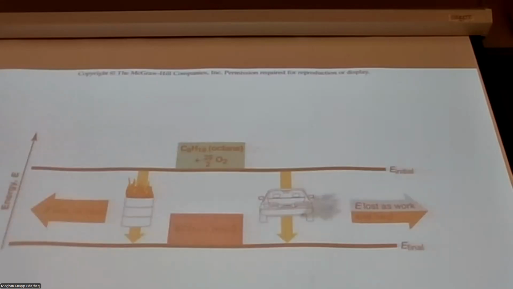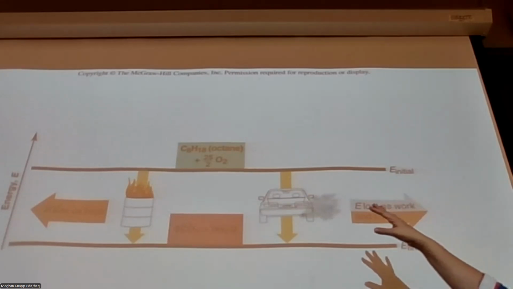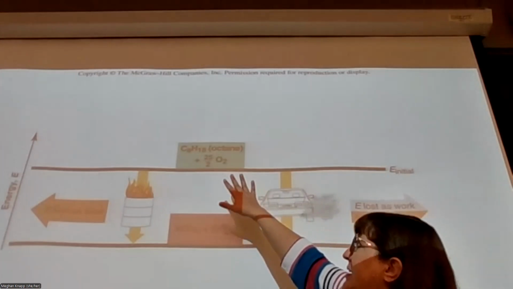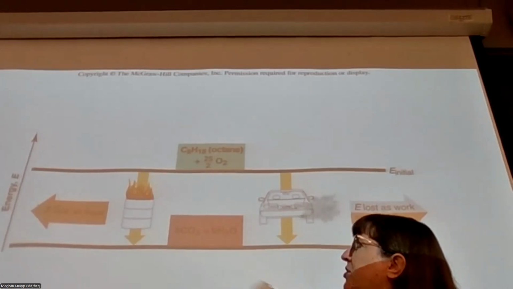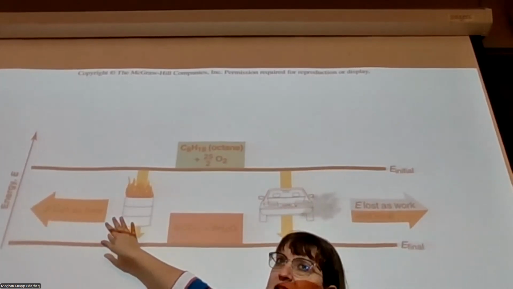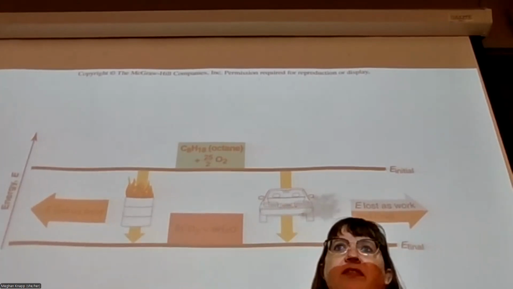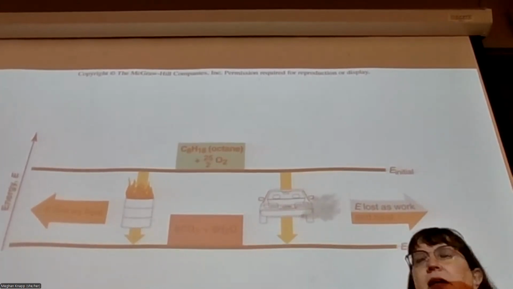All right, so there are 2 ways that I might use the energy produced from burning octane. Octane is what is in gasoline. So if I have octane and a bunch of oxygen, I'm going to end up with the final products. Now, I could just have a barrel of it and light it on fire, in which case all of that energy is being turned into heat.